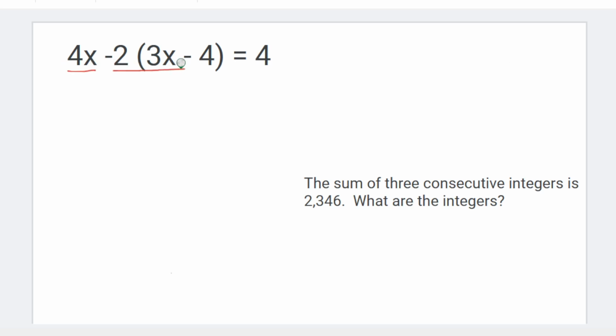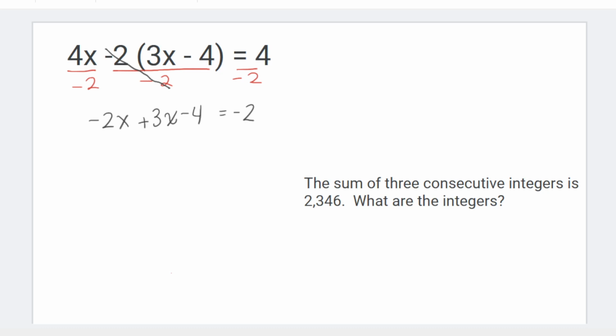Most students would feel more comfortable with the distribution, and that's fine. So when I divide by -2, here I get -2x. Here the -2's cancel out, and you're left with plus 3x minus 4. And here, 4 divided by -2 is -2.